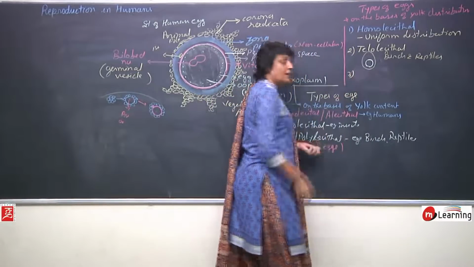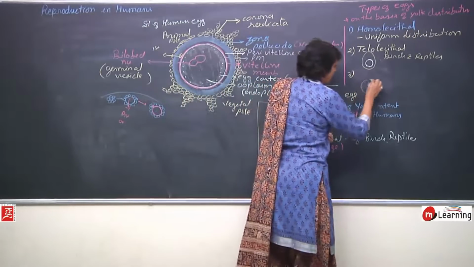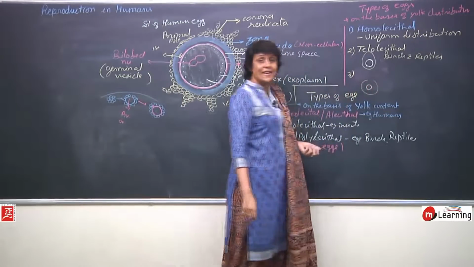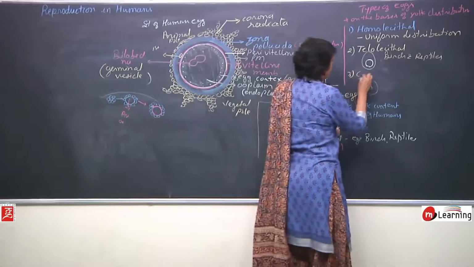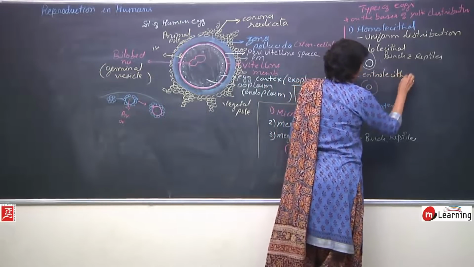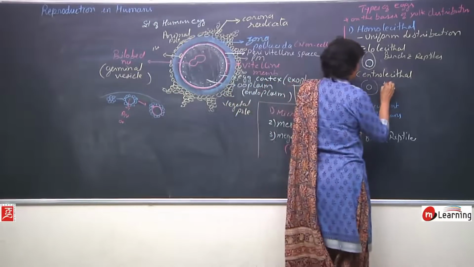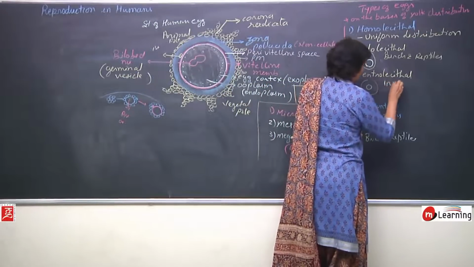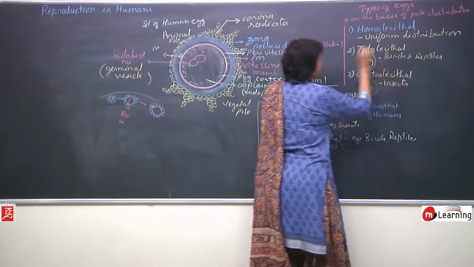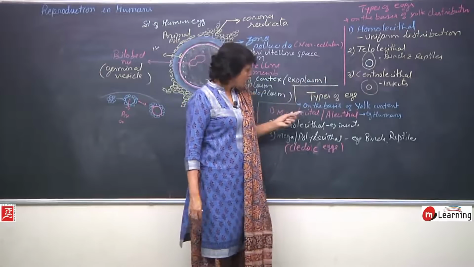The third type, if this is the egg and the yolk is in the center, then it is known as centrolecithal. Centrolecithal eggs are found in insects. So homolecithal, uniform distribution.